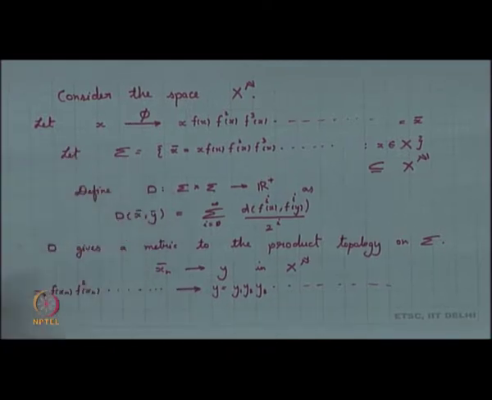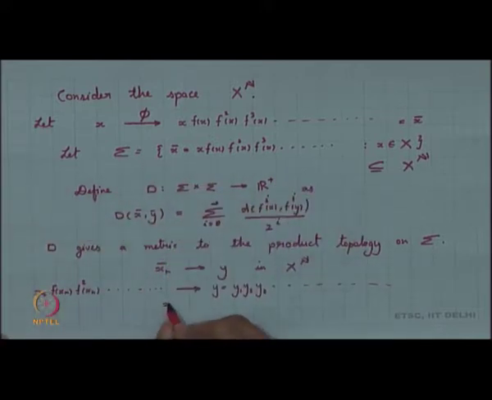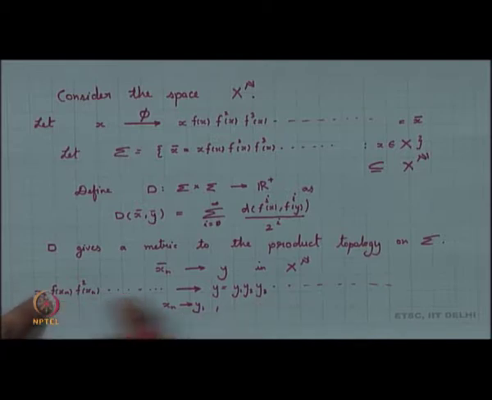We have this metric here. What can you say about the relation between x n and y 1? X n is converging to y 1. Now, since x n is converging to y 1, we can also say that f of x n will be converging to y 2.